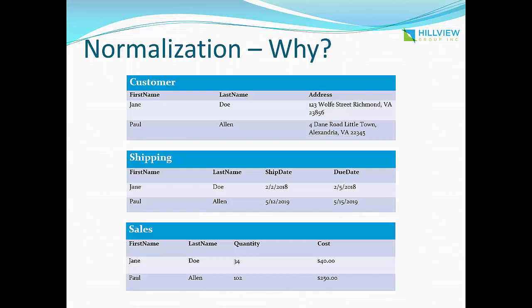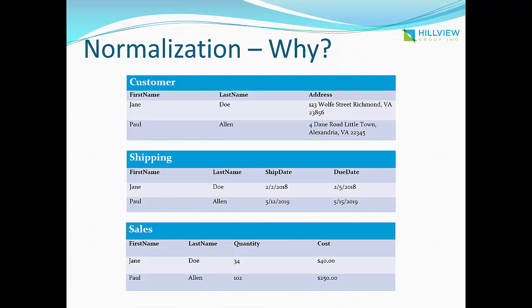We see the customer details for two customers, Jane and Paul. We also see what they purchased and when it was shipped. What they purchased in the sales entity and when it was shipped in the shipping entity. Okay?